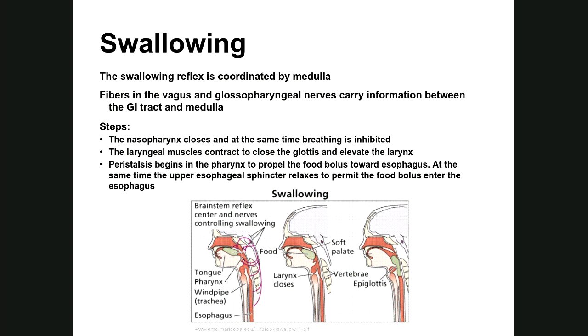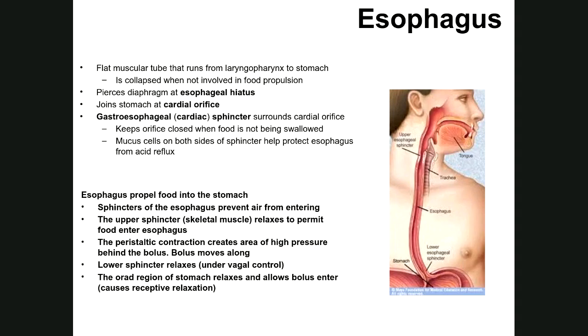It comes down by peristalsis until it reaches the inferior sphincter, which relaxes to let it go into the stomach, and the stomach muscle relaxes to allow the bolus to enter.